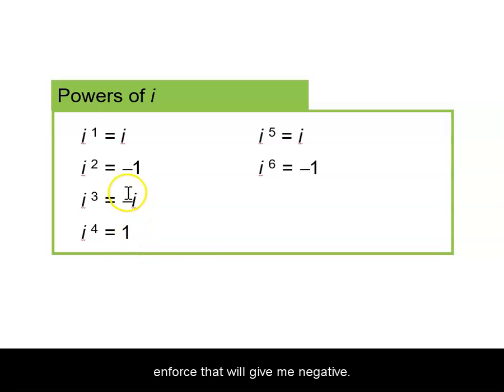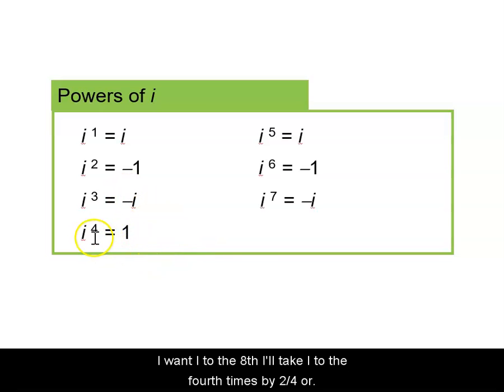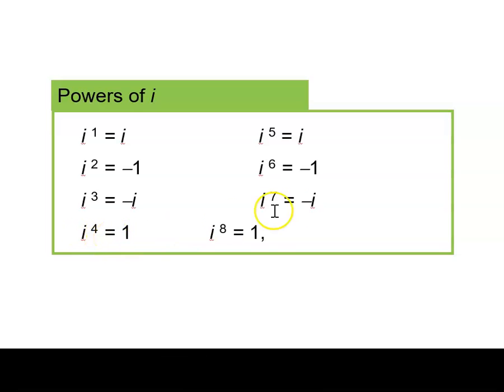That will give me negative i. If I want i to the eighth, I'll take i to the fourth times i to the fourth, or 1. So notice it goes i, negative 1, negative i, and 1, and then it repeats. It goes these 4, repeat, these 4, repeat.